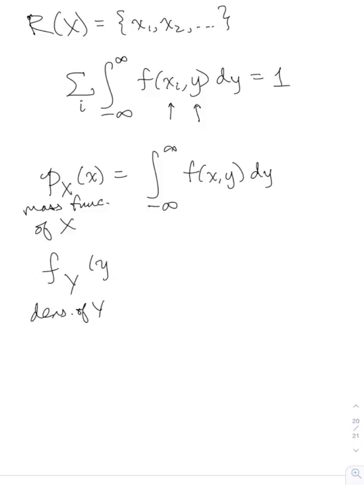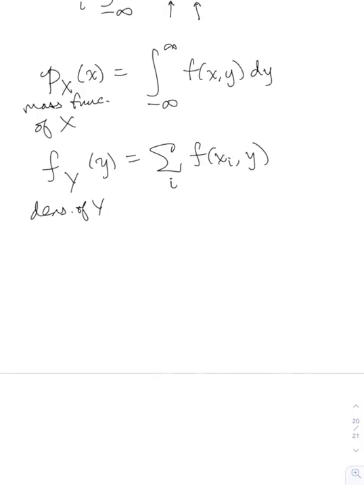If you want the density of y, well, you can't integrate out the x, you sum out the x. And what you're left with is the density. So just like with a joint density, if you integrate out one variable, you have the density of the other one. Well, this is the same thing, except you can't integrate out the x, you sum it out. Okay.